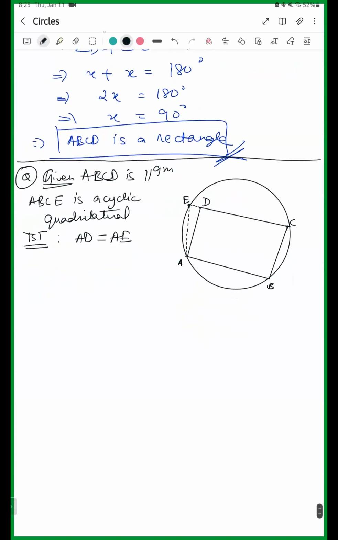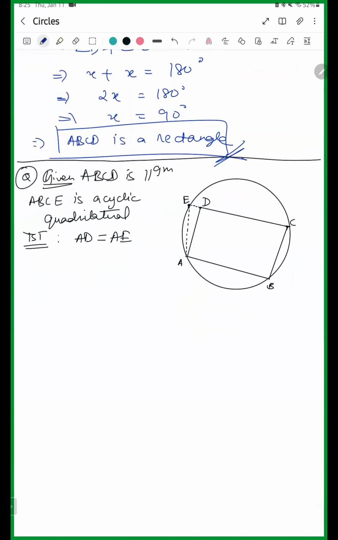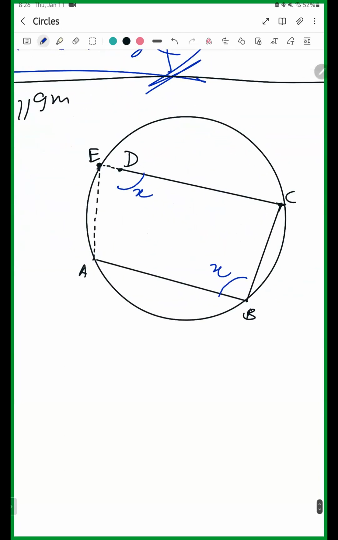Clearly, since this is a parallelogram, first let's see what we are going to do here. Since this is a parallelogram, this angle is going to be equal to this angle. So let's say this is X, this is also going to be equal to X. But since ABCE is a cyclic quadrilateral, now ignore this one for a bit.